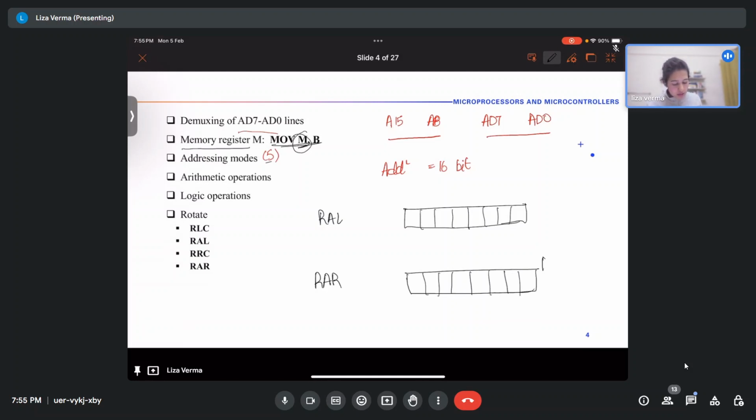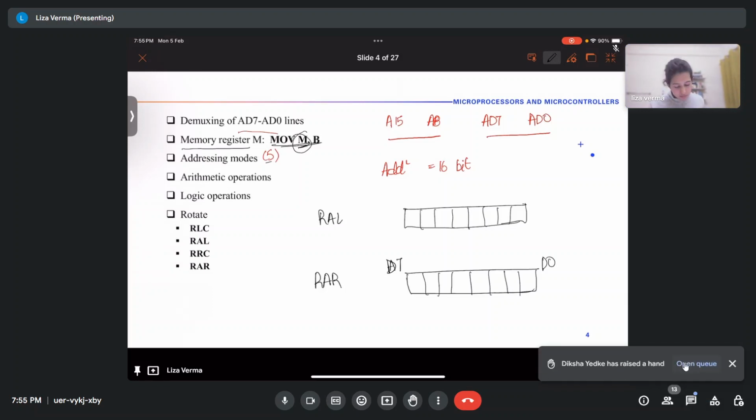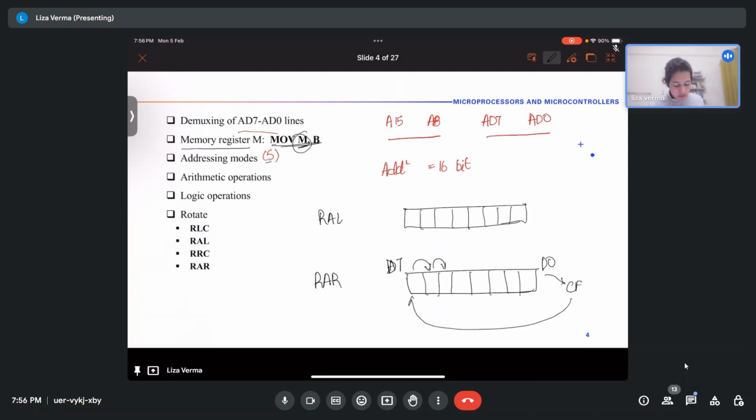So what was happening in RAR? Can someone please write or unmute themselves? In RAR, ma'am, D7 goes to D6 and D6 goes to D5, D5 goes to D4, up to D1 goes to D0, and D0 goes to the carry flag and the carry flag goes to D7.